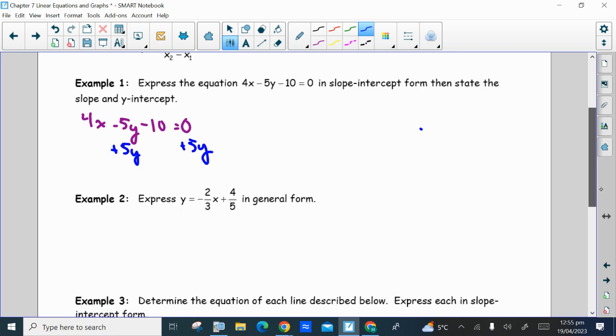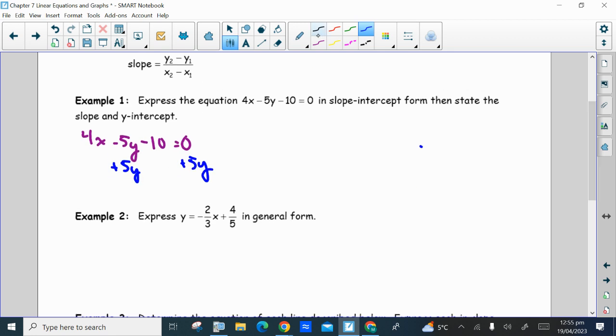So this will leave us with 4x minus 10 on the left, equaling 5y on the right. And now to get positive y by itself, we would divide everything by 5. All the terms get divided by 5. So that'll give us positive y by itself on one side.